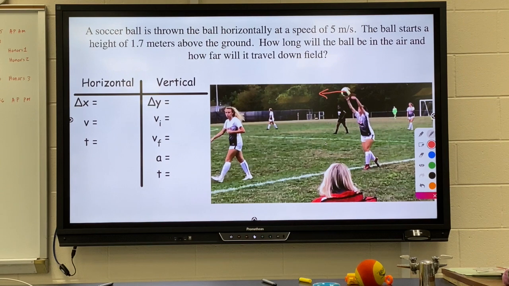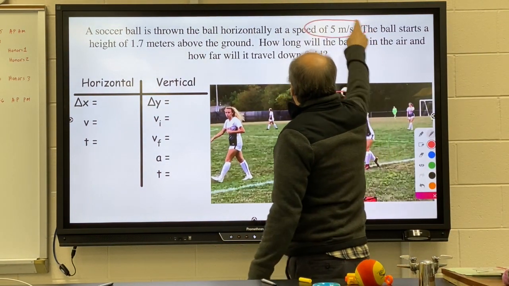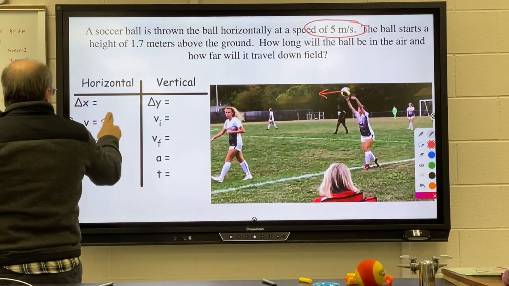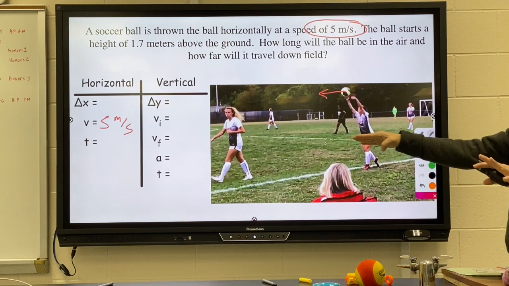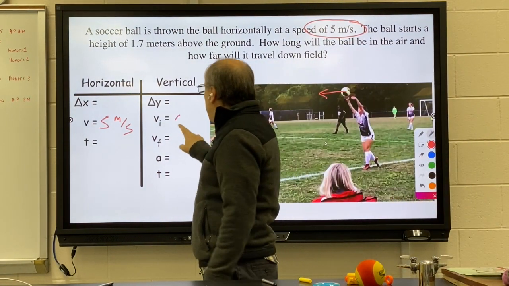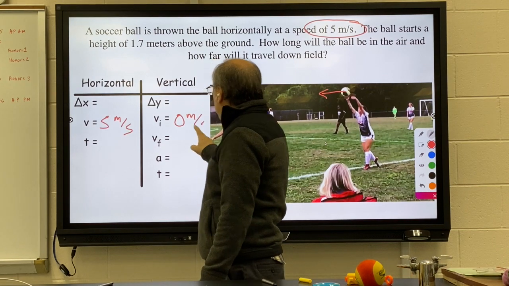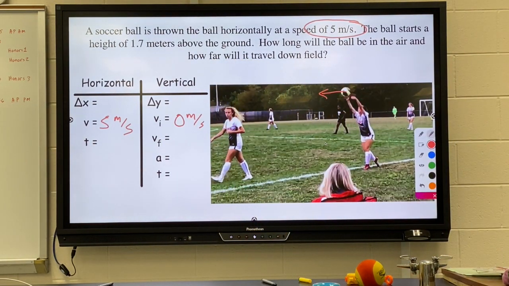So again, you make your chart. It's thrown horizontally at a speed of 5, so that's the horizontal speed. That does not change as the ball moves vertically also. She did not throw it up or down. She threw it perfectly horizontally, so the initial vertical speed is 0.